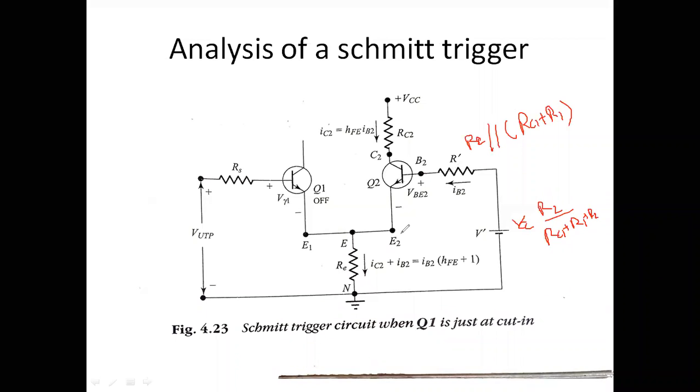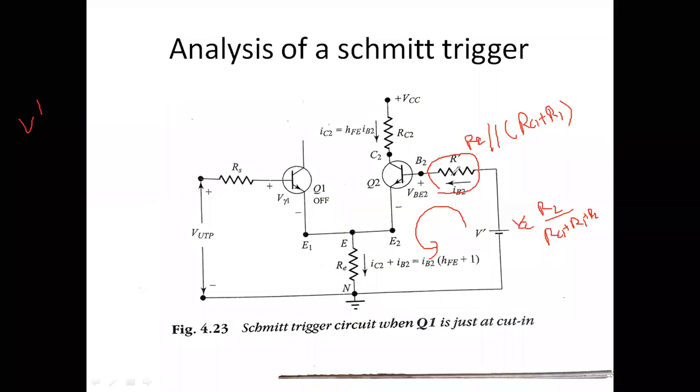Now apply the KVL for this loop. If you apply the KVL for this loop, what happens? V dash equals the sum of the drops. The drop across this resistance is IB2 into R dash.